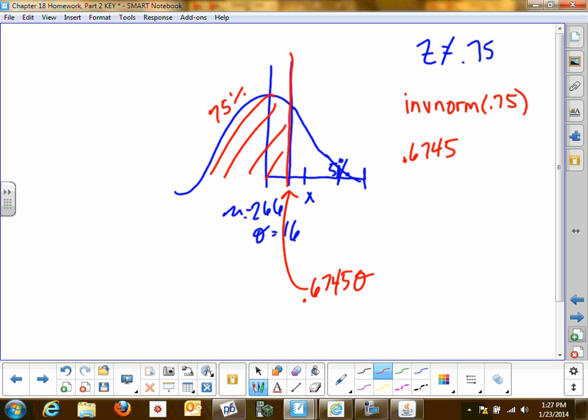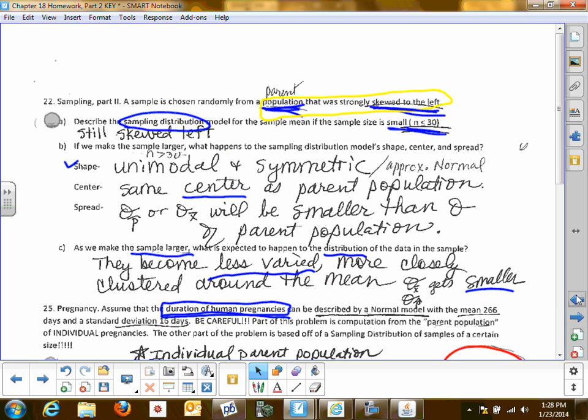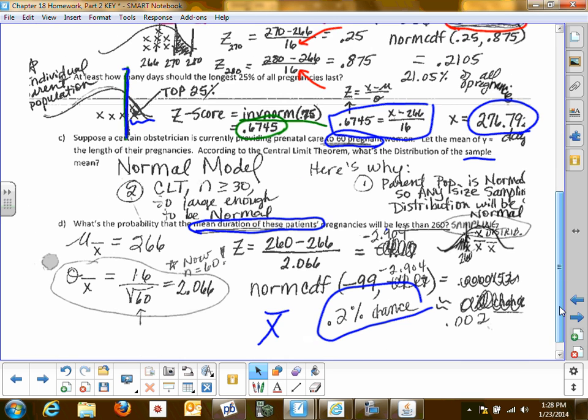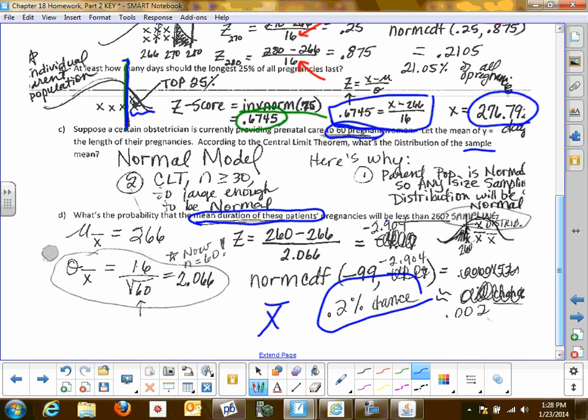A small difference. If you used 0.75 in this problem, you probably got a pretty close answer, but it's supposed to be 0.6745 standard deviations up. So when you compute it, 0.6745, solving for x, with 266 as the mean and 16 as the standard deviation, that's about 277 days.